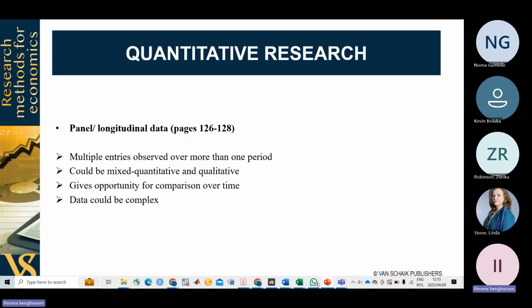Then we have the panel or longitudinal panel data. Panel data will have multiple entries observed over more than one period of time. Like I said before, if I want to measure the effect of government spending or the trade openness across Africa, I can do that from 1994 probably to 2024.